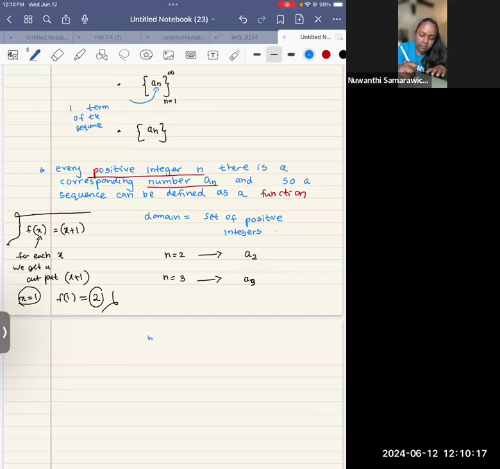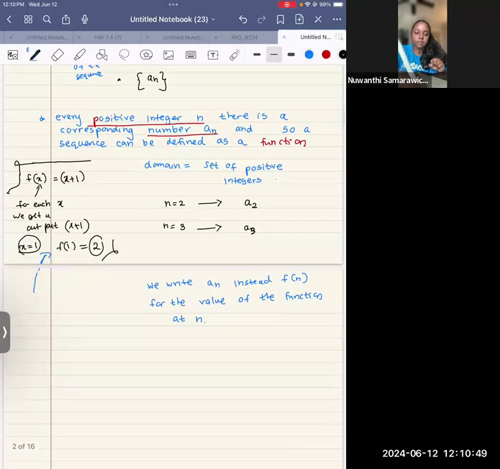Here we write a sub n instead of f at n, but it's a similar idea for the value of the function at n. So whenever you see a sequence, it's a function.